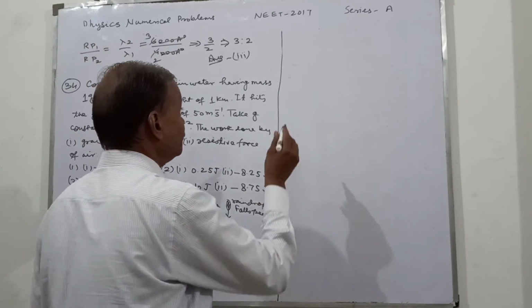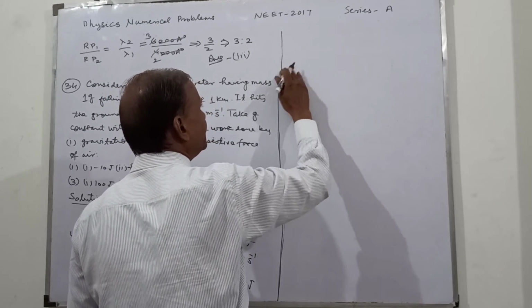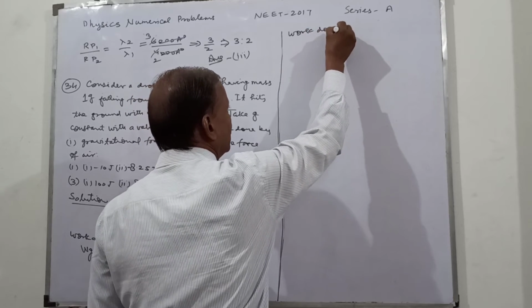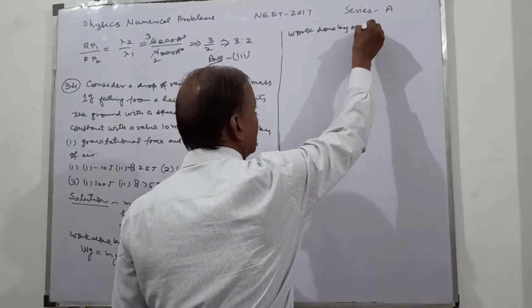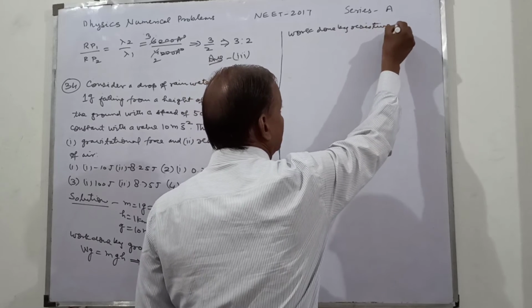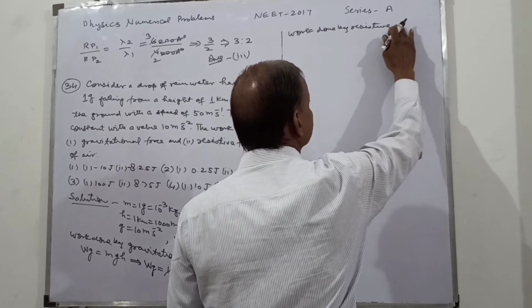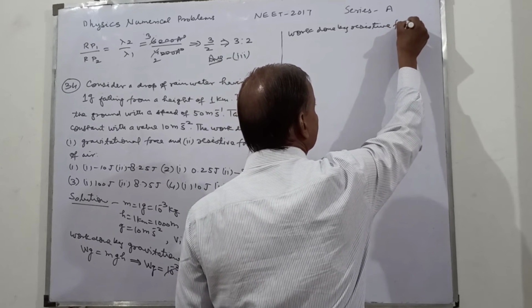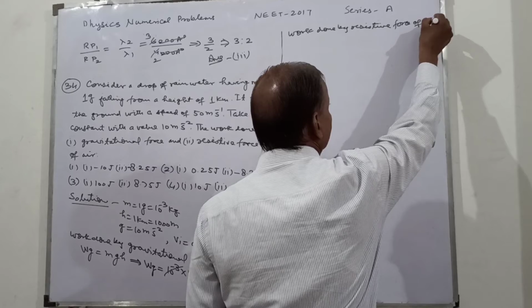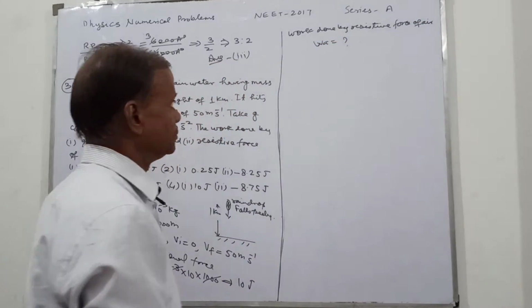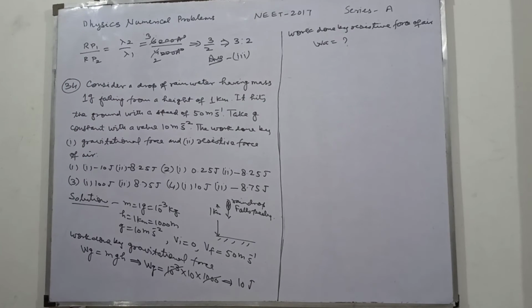And now the work done by the resistive force of air, that means Wa. This is to be found out. We are given the work done and the kinetic energy, because the velocities are given here.